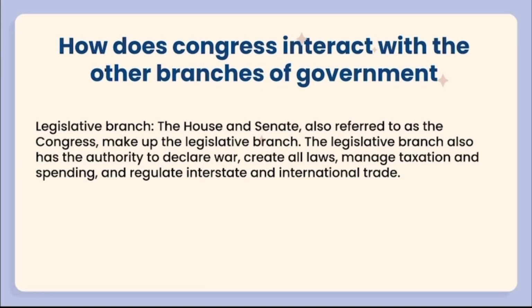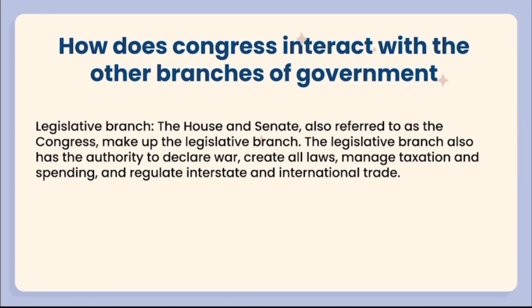And just for a little refresher, we will be giving an overview of our favorite bicameral legislator, as Congress is made up of both the House and Senate. The legislative branch. The legislative branch, also referred to as Congress, has the House and Senate.